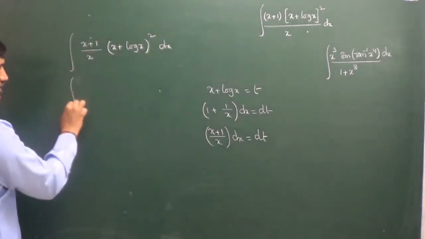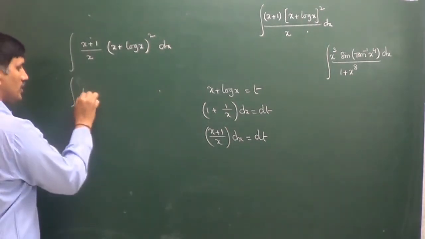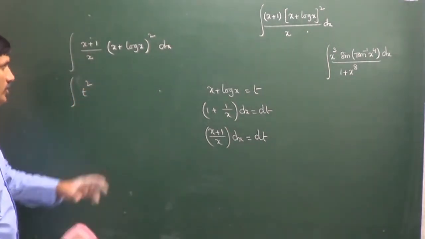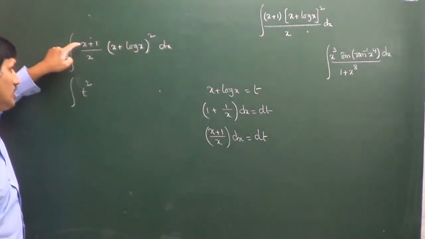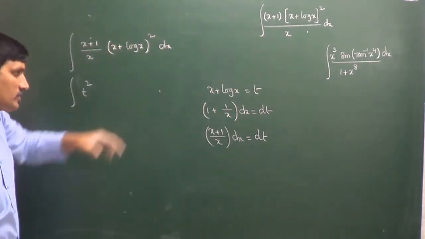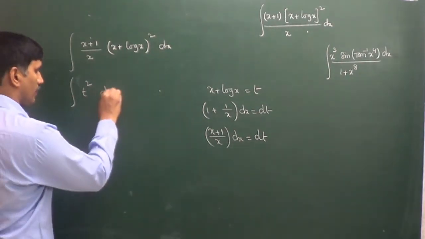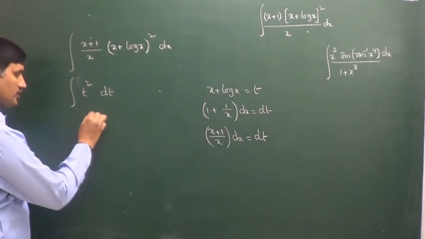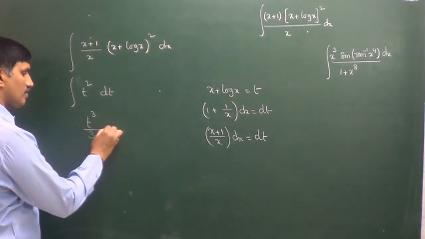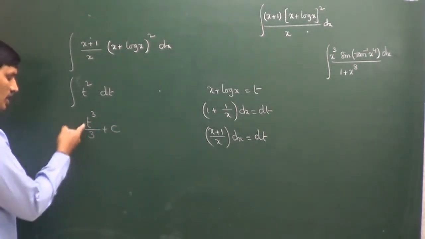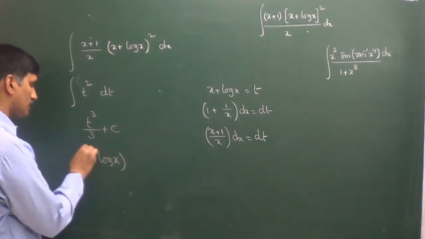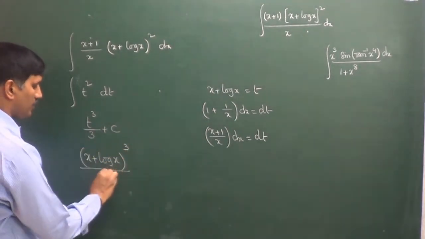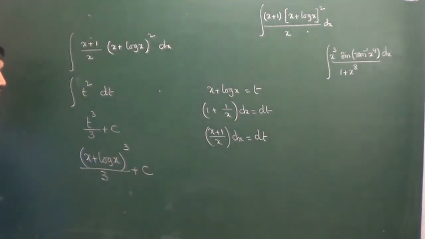Now the question changes, as this becomes t square, because we wrote x plus log x equals t, that's why t square. X plus 1 by x dx we can write as dt. Now t square integration is t cube by 3 plus the constant of integration. Now t is nothing but x plus log x, so the answer is x plus log x whole cube divided by 3 plus the constant of integration.